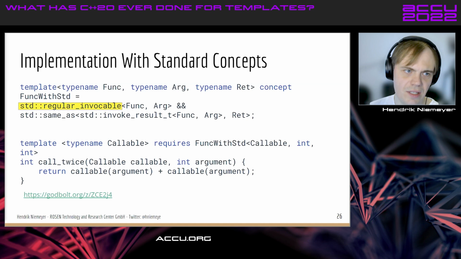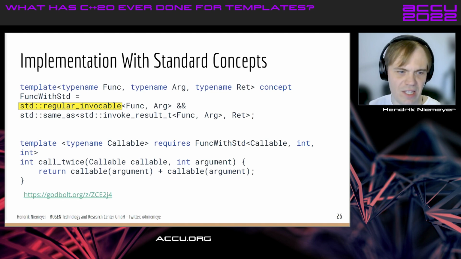One is the std regular invocable concept, to which we give the func and the arg. This checks whether func is a callable which can be called with arg and is regular as well. I don't want to explain what regular is here, but let's say it behaves like a normal function. This is checked with std regular invocable, and if func can be called with arg, then std regular invocable will return true.